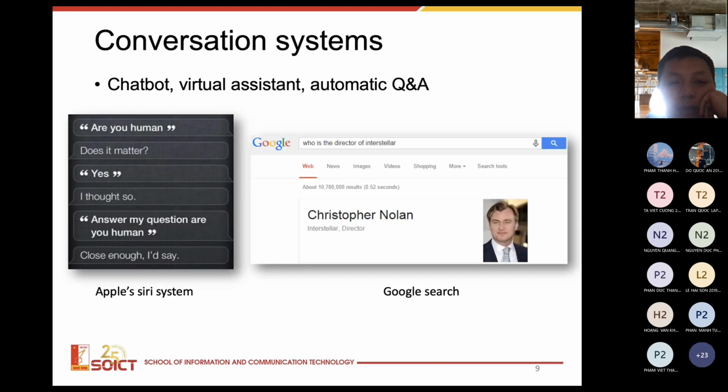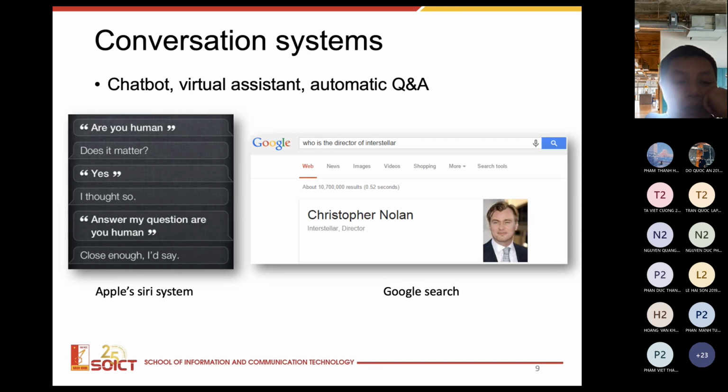This is an application of NLP in a conversation system, and the most popular example of a conversation system powered by NLP model is the Apple Siri system, right? With the system you can use on the mobile phone, you can ask a question, and then Siri will try to answer you, to reveal the correct, appropriate answer to the question, right?